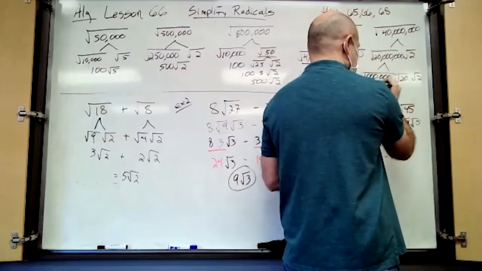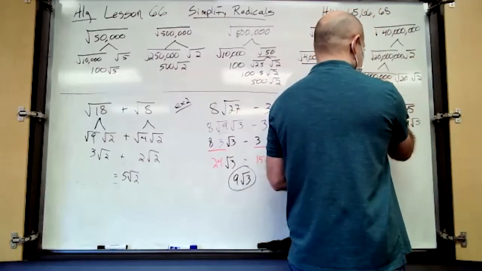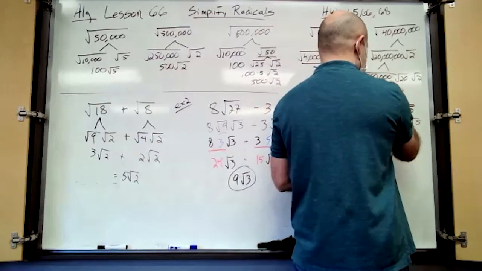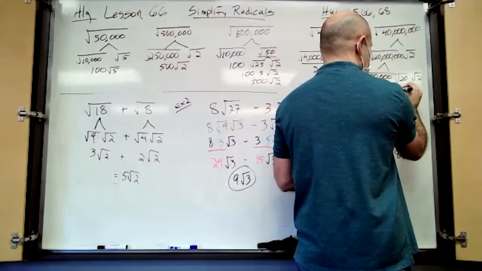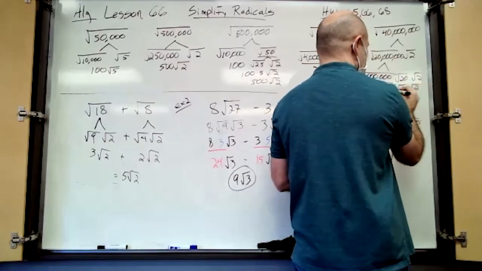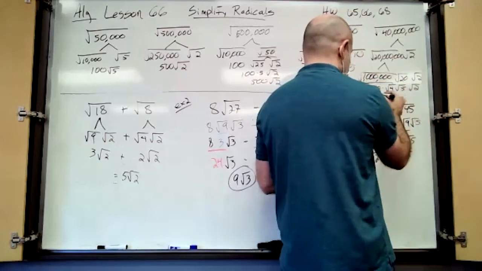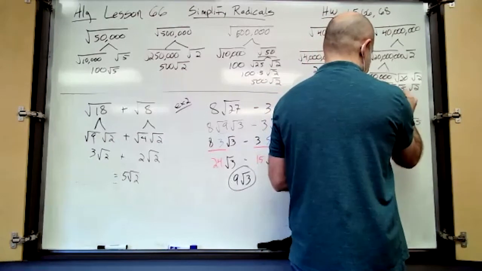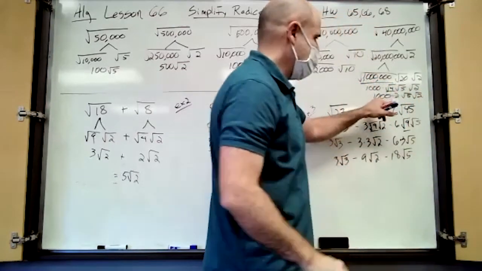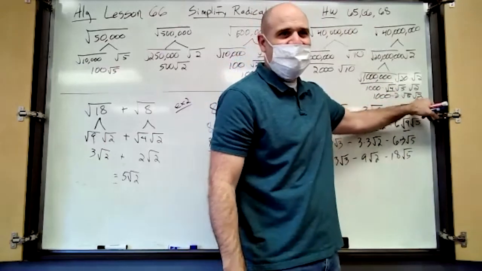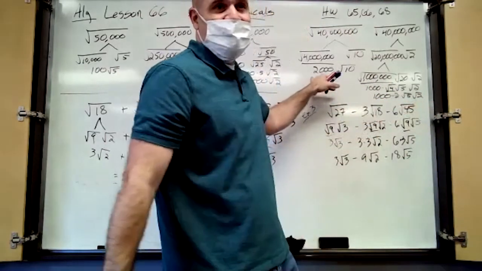Well, radical 20 is just radical 4 times radical 5 times radical 2. Well, radical 4 is just 2. So this is 1,000 times 2 times radical 5 times radical 2. So that's 2,000 radical 10, okay, which is the same thing here.